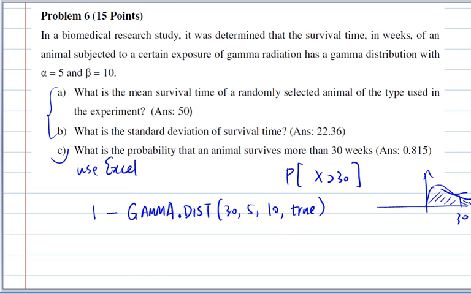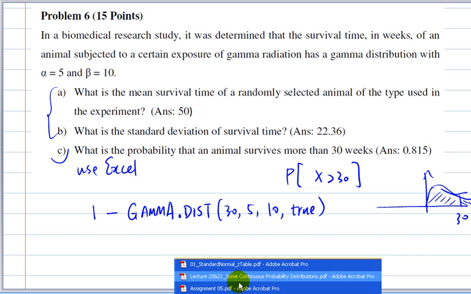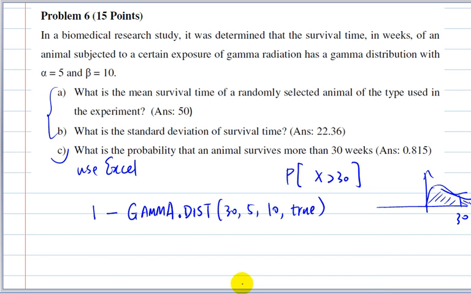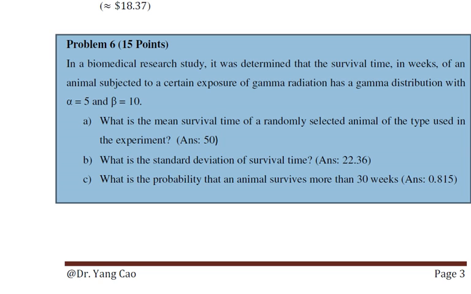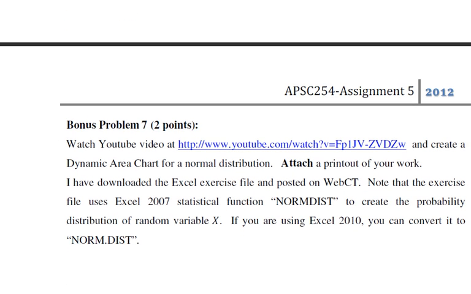There's a bonus question for this assignment. For this bonus question, you need to watch a video on YouTube. Not my video, but another person who is very good at Excel and posted many Excel tutorials that I think are very helpful. You can look at this video and plot the so-called dynamic area chart for the normal distribution.